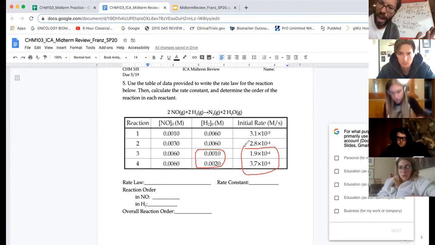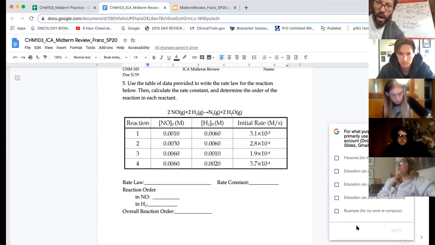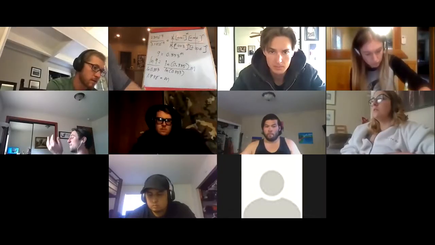So the overall reaction order is just adding those together. A second order plus a first order equals a third order. And now we can go from there to writing out our rate law. Okay.